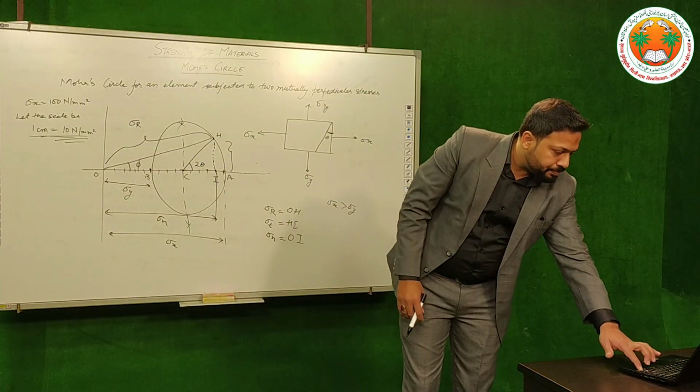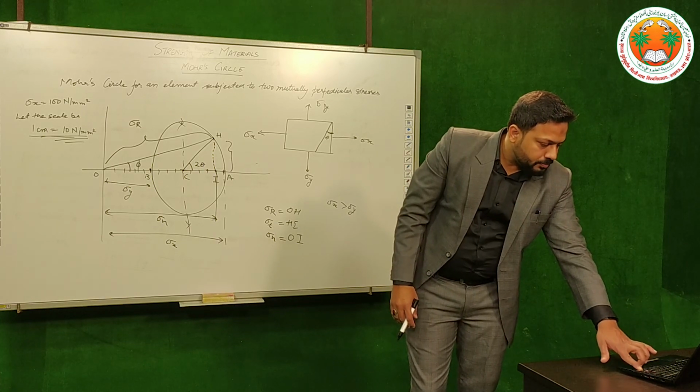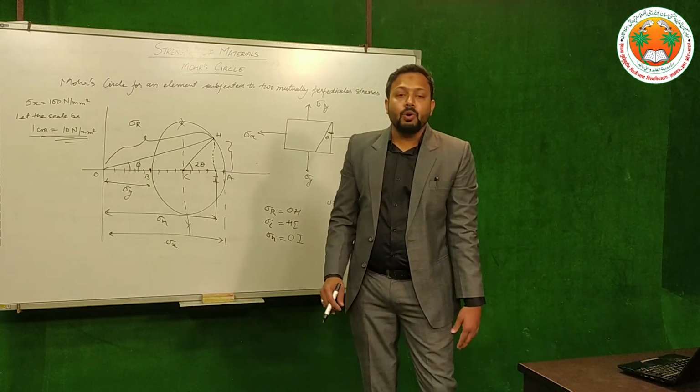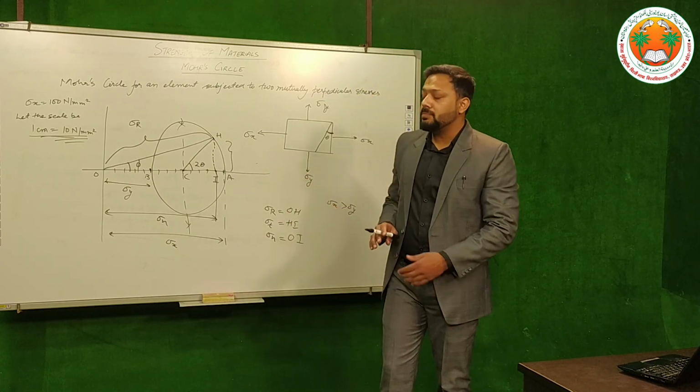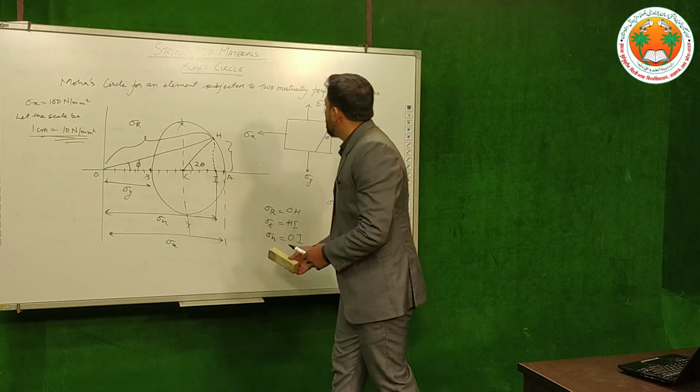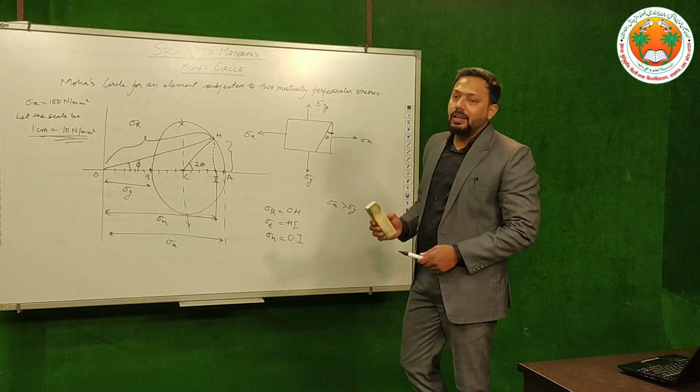The next case is the Mohr circle of an element subjected to two mutually perpendicular unlike stresses.